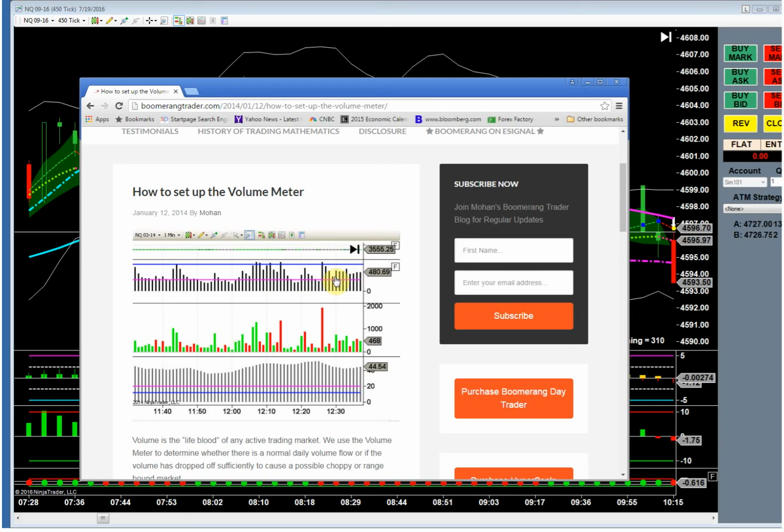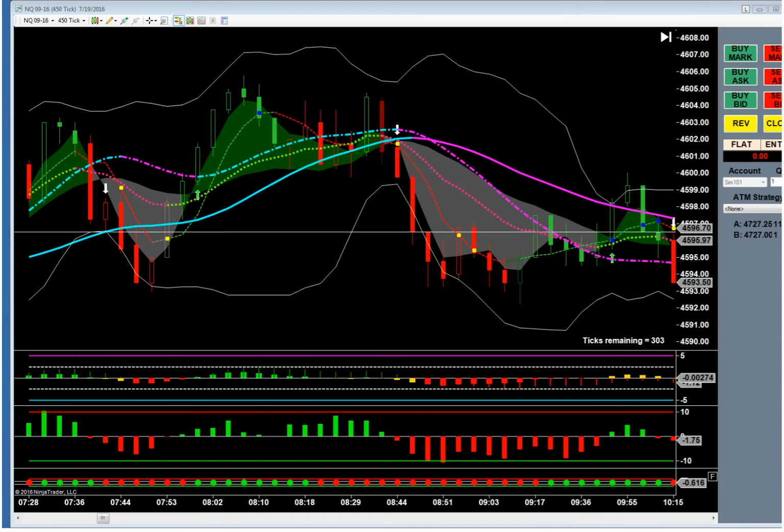This is approximately how many contracts are trading every 4 minutes on average. When that drops below this magenta line, under 300 contracts, it's okay, but just caution. If it drops down to half of this and they're trading under 150, be even more cautious because the market's slow. The markets don't trade the same all the time. There are all these different factors. So I just wanted to show that to you.